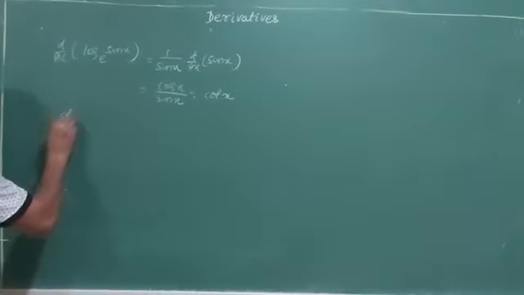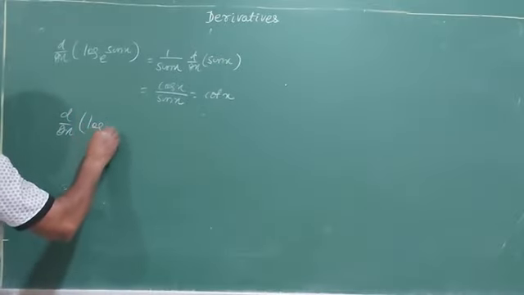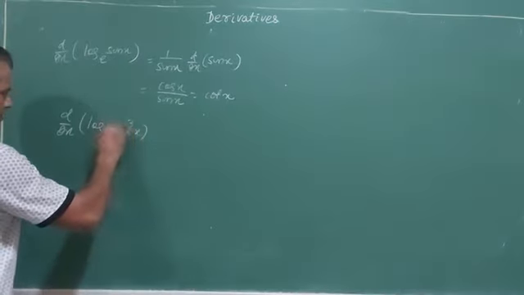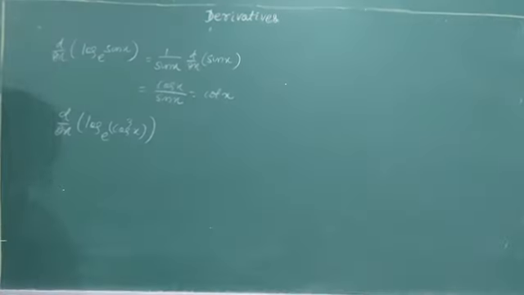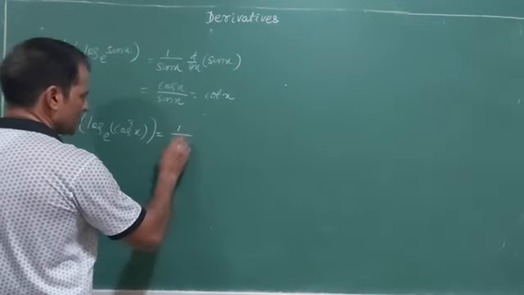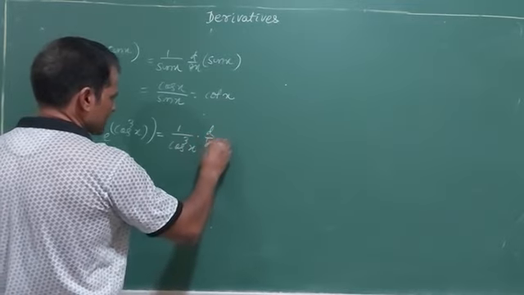Suppose dy dx of log e cos cube x. Alright, what you can do? 1 by cos cube x into dy dx of cos cube x.